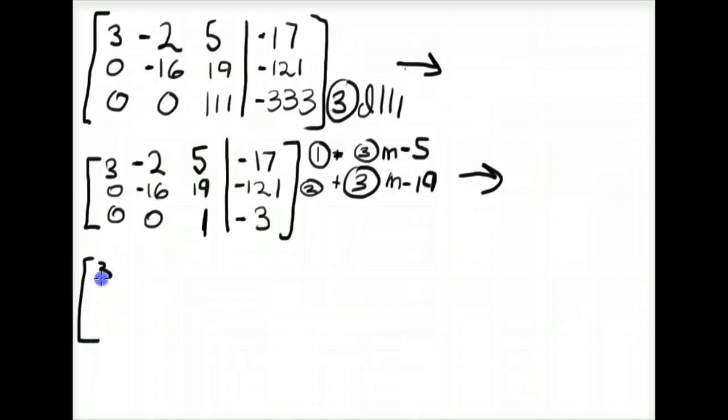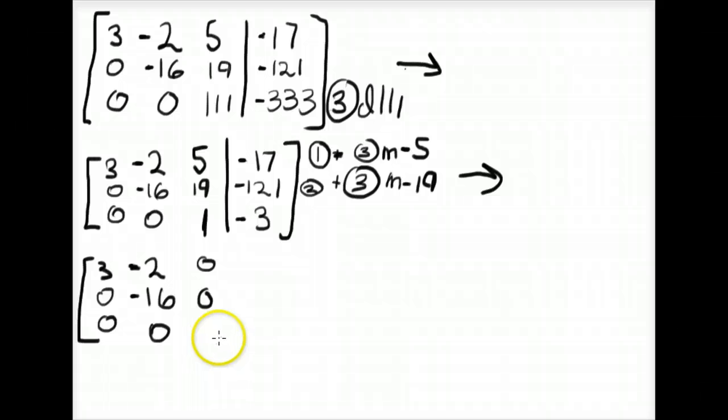So what that is going to get us is the 3 and then the 0, 0 are going to stay the same. Then we're going to have -2, -16, then another 0. And now the 5 and the 19 have been eliminated, so we're going to have 0 and 0. And we've already solved for z, so there's a 1 here.